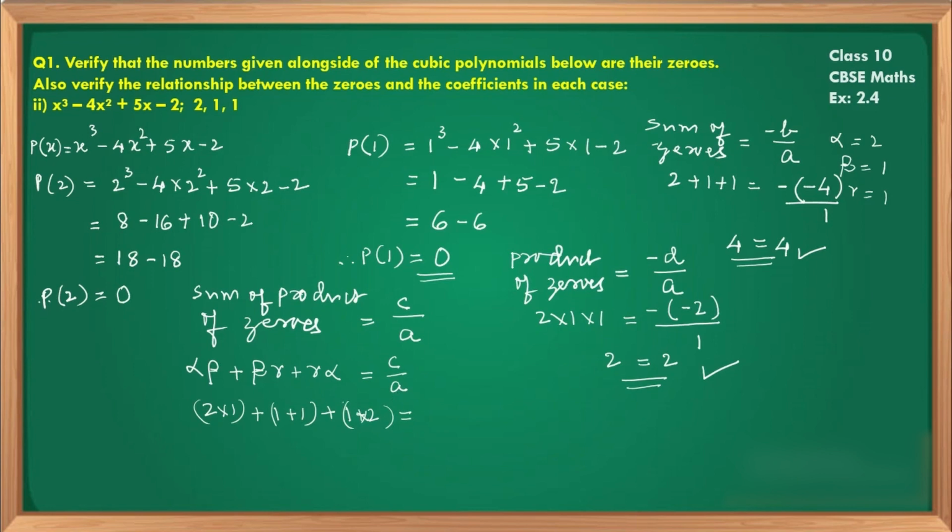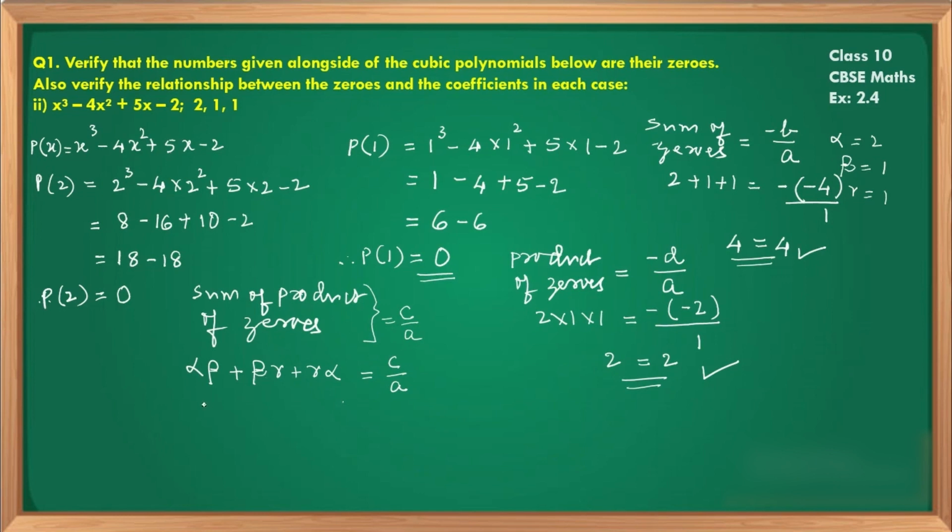What is c here? C is the sum of product of zeros is equal to c by a, and alpha beta plus beta gamma plus gamma alpha is equal to c by a. Here, what is c? C is plus 5. Let us write down that here.